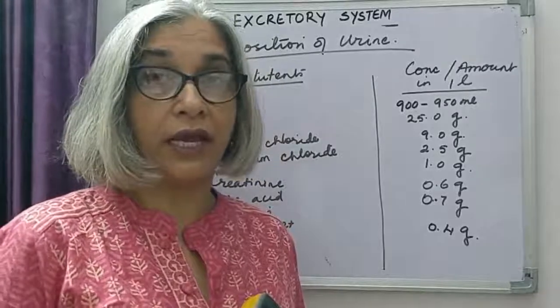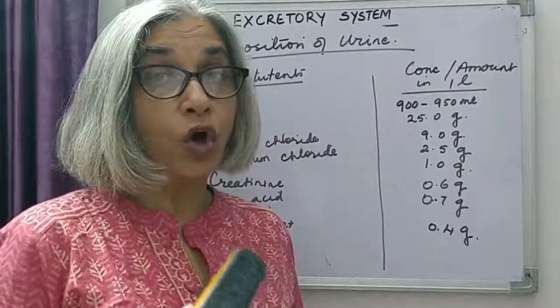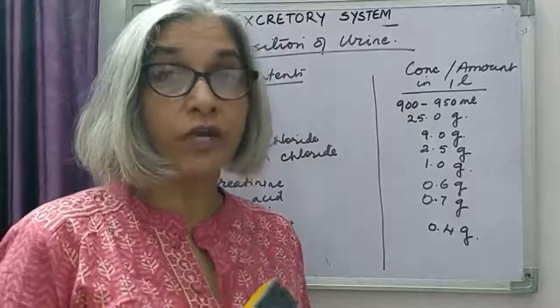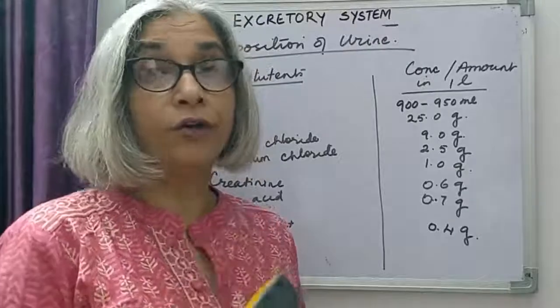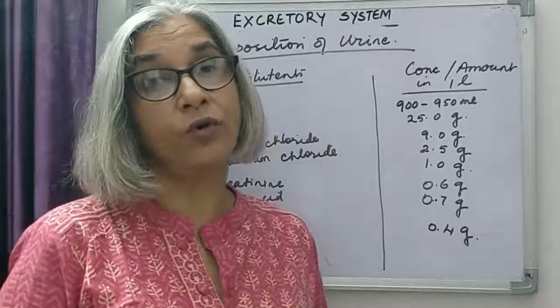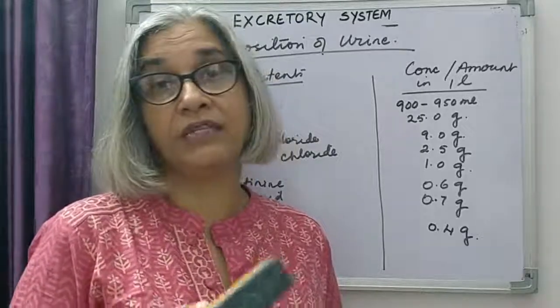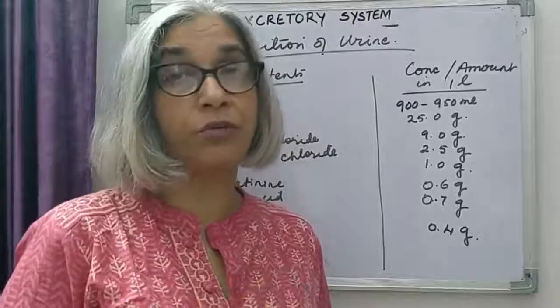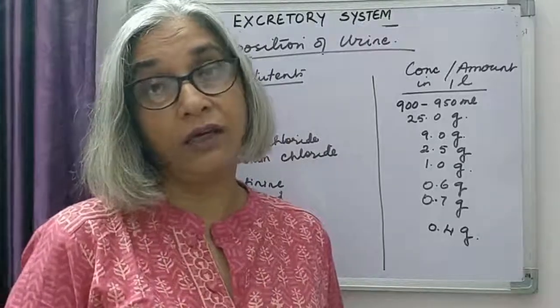It is an endocrine gland and secretes hormones. One of the hormones produced by its cortex is aldosterone, which is responsible for maintaining sodium and potassium concentration in the urine.